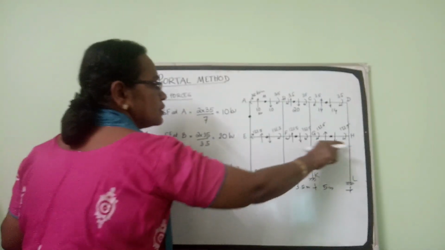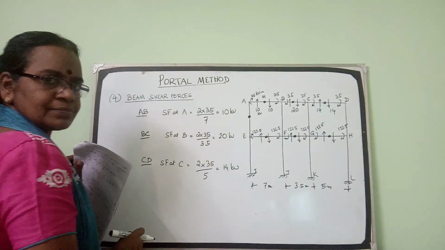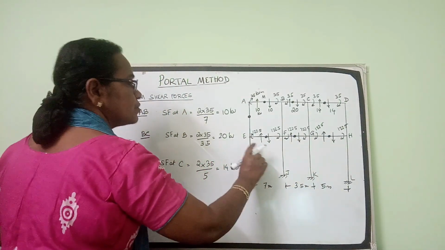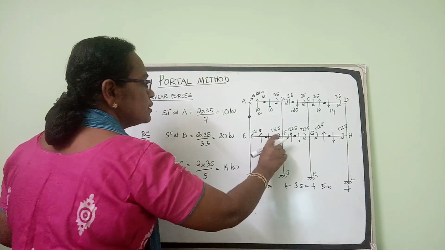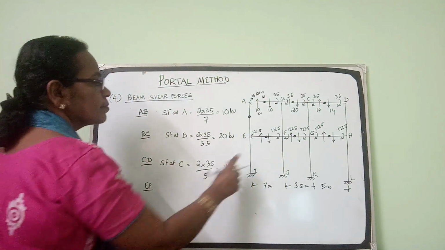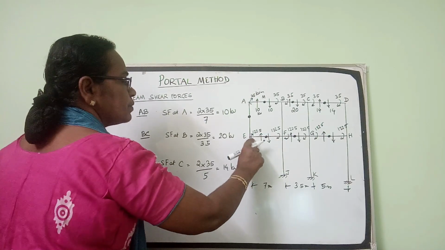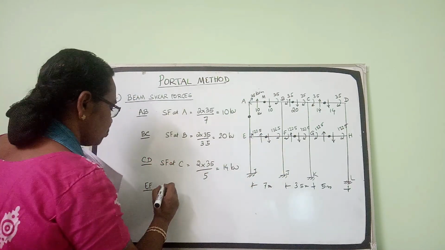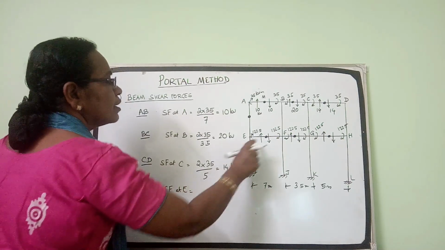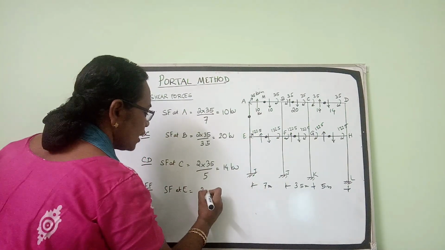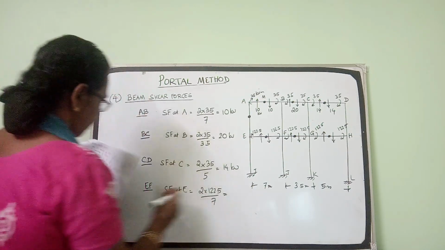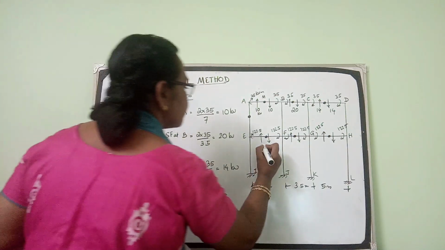Similarly, coming to the top beams of the first storey, consider beam EF. The total moment is 122.5 plus 122.5. The shear force at E will be 2 times 122.5 divided by 7, it is 35.